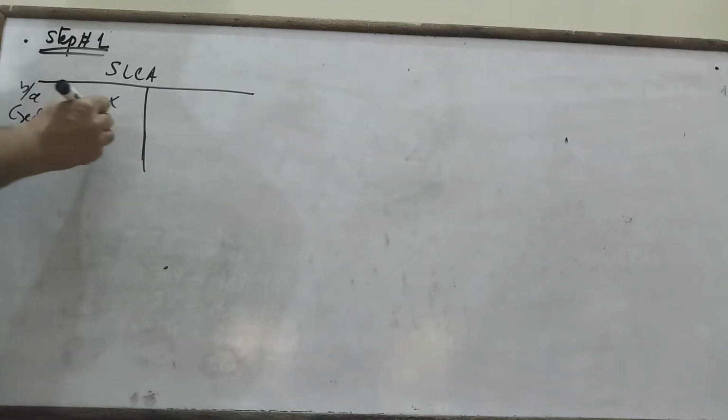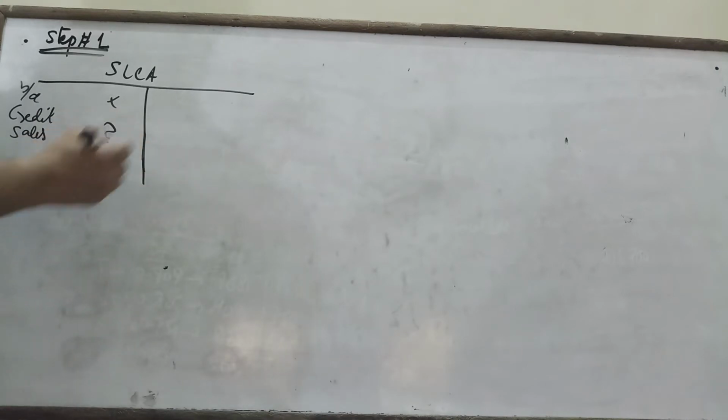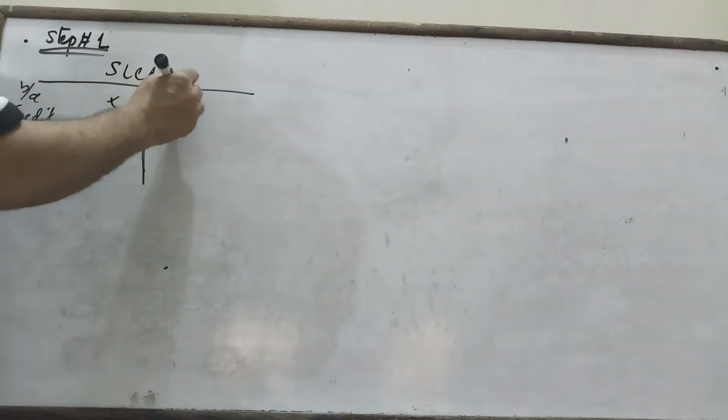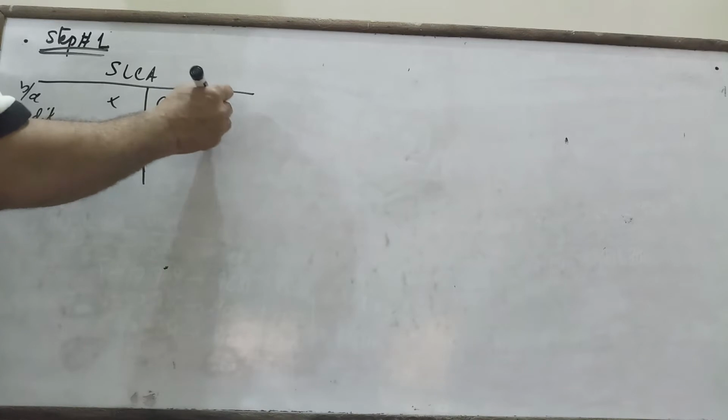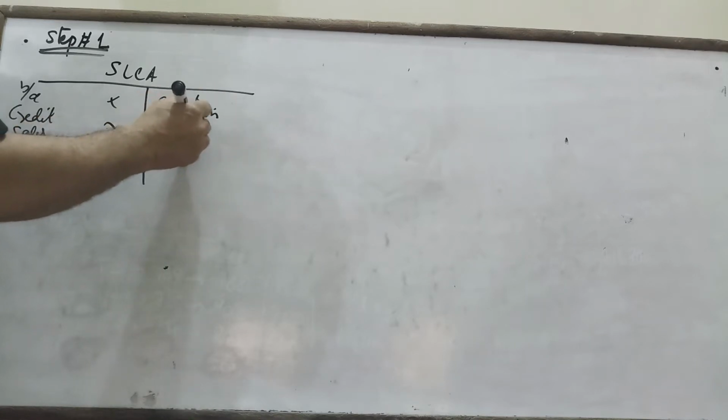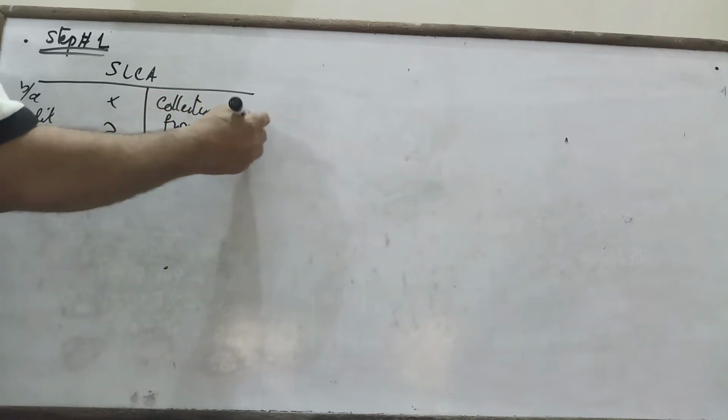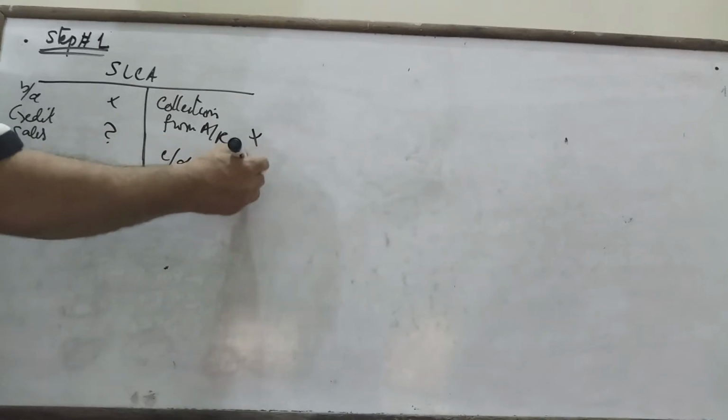With the help of the sales ledger control account, you can calculate the credit sales. The balance BD comes on the debit side, and the credit sales, which we have to find, and the collection from accounts receivable come on this side, and the balance CD.